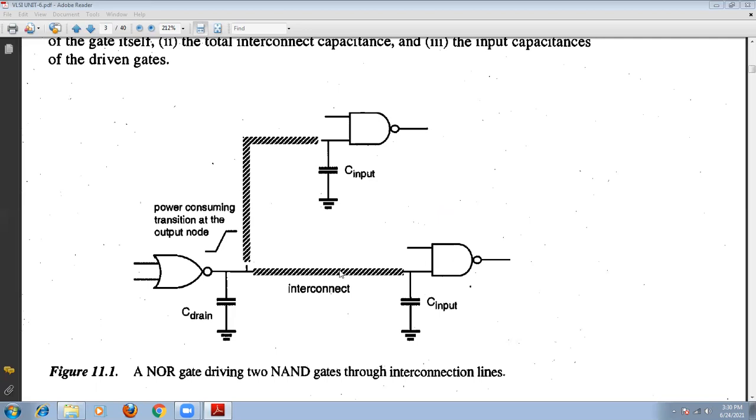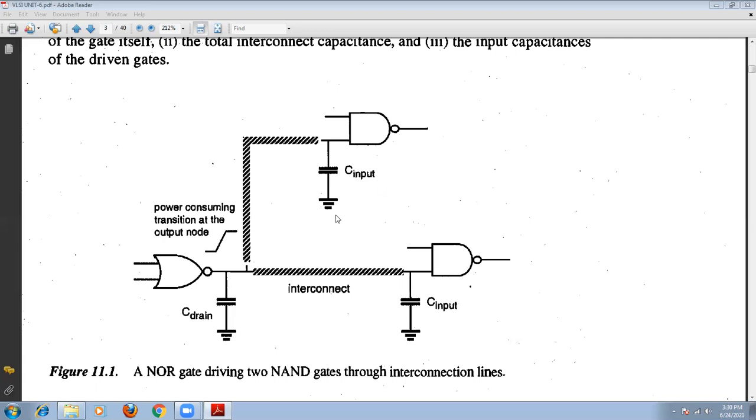So therefore, the total power consumption depends upon the capacitance that exists, the power drawn by the capacitor, and also these outputs are interconnected to the inputs of the NAND gate. So interconnection capacitance also we have to consider, plus the input capacitance of these NAND gates.